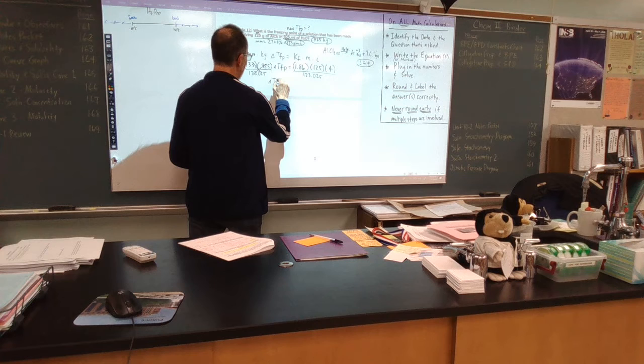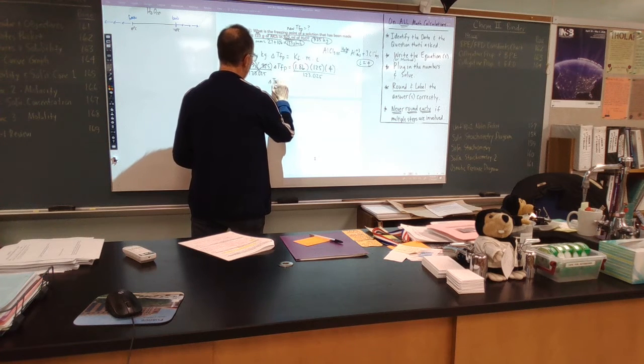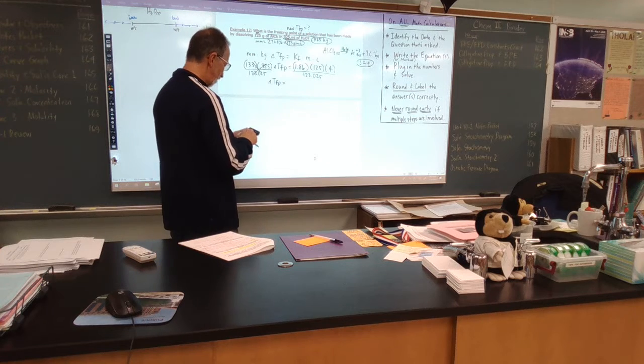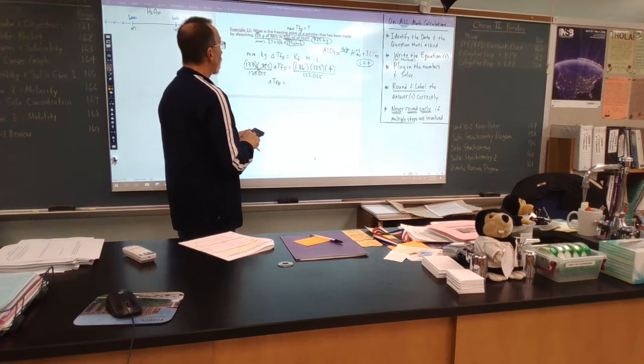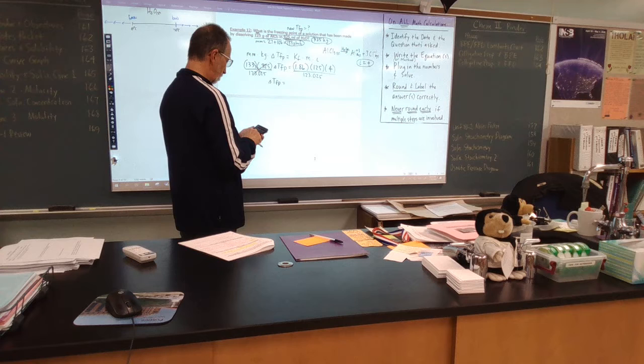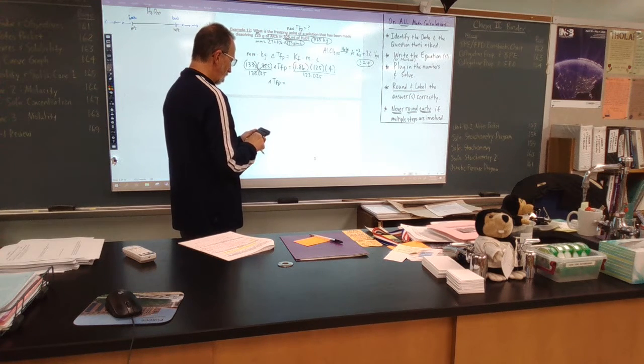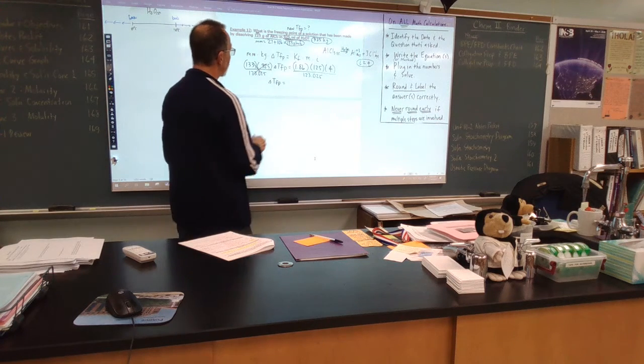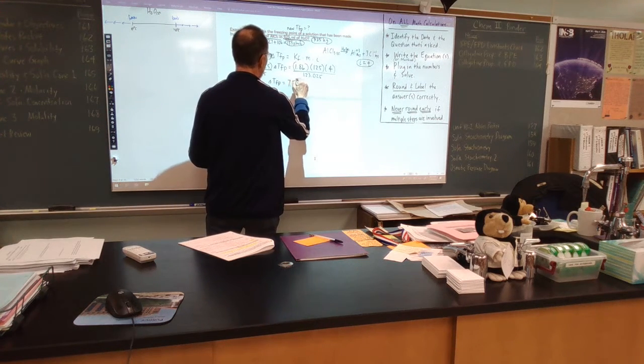So the change in our freezing point temp, to 3 sig figs, would be 7.56 degrees Celsius.